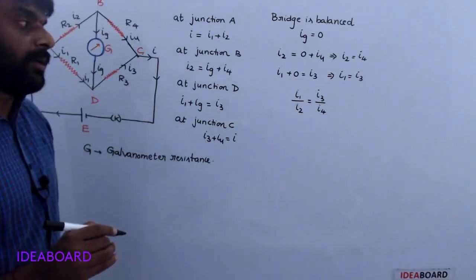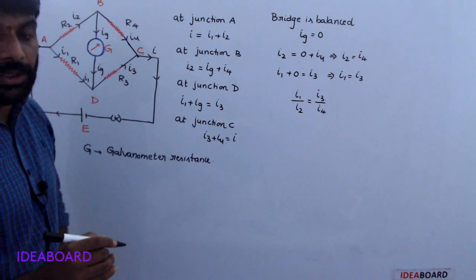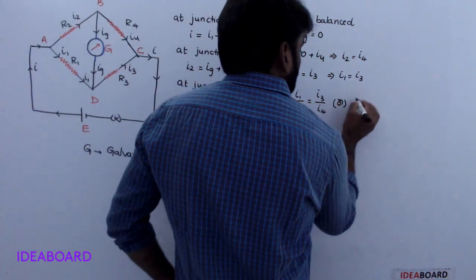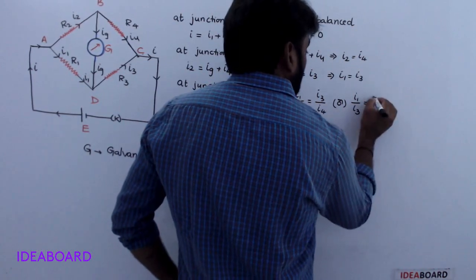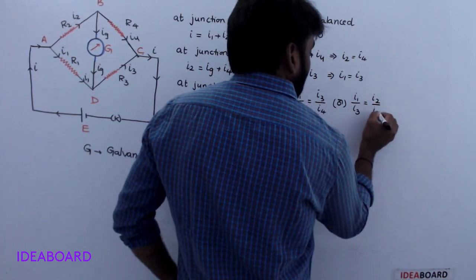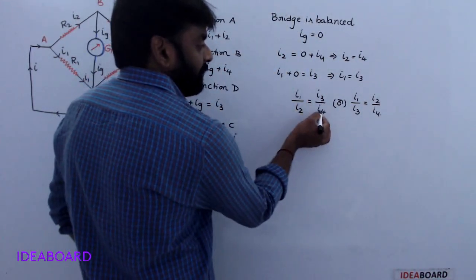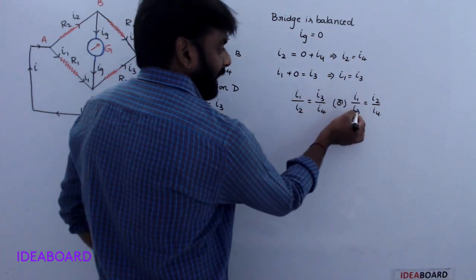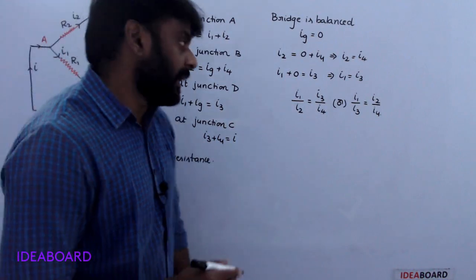Or, taking I3 to this side and I2 to that side, I1 by I3 is equal to I2 by I4. Understood?